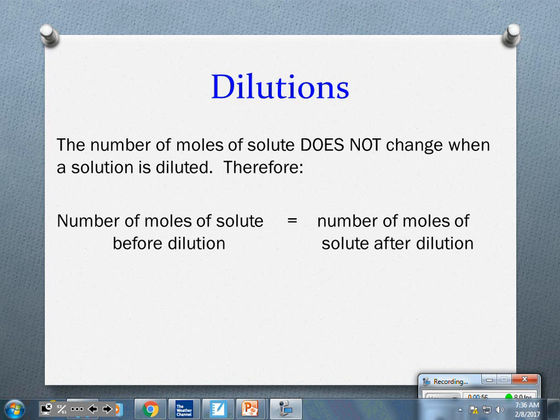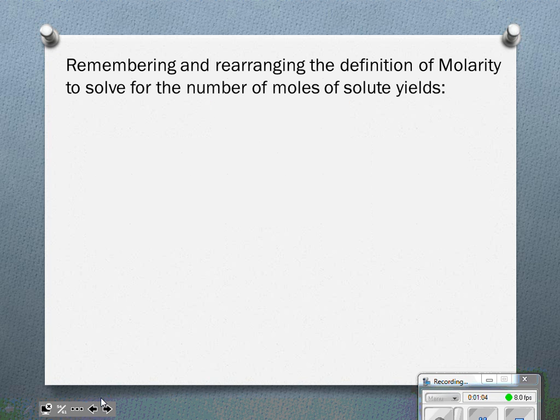Now, how are we going to use that? Well, if we remember and rearrange our definition of molarity to solve for the number of moles, I know that the moles of the solute is equal to the molarity times the liters of solution.